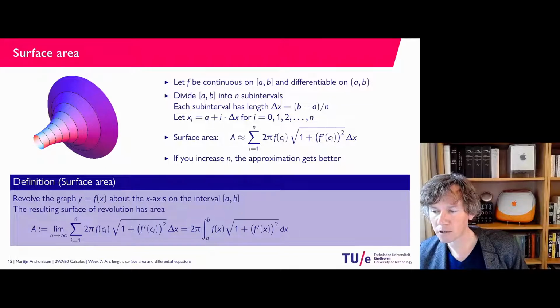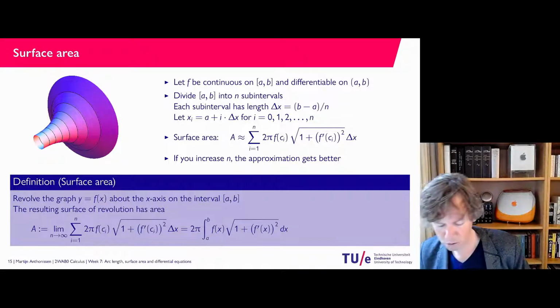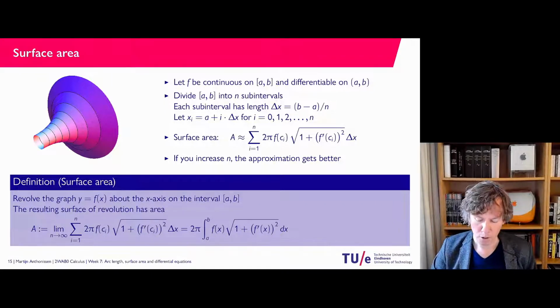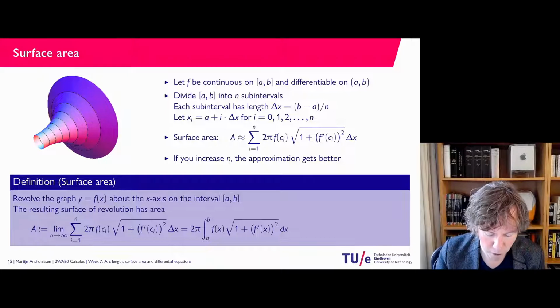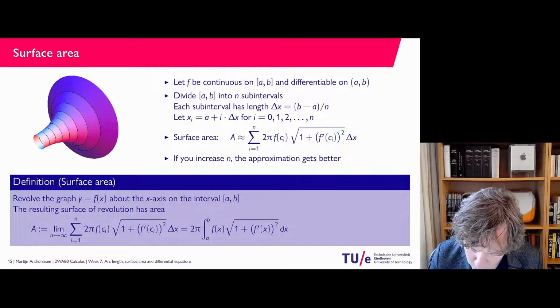And then Sam asks what the f(c_i) means in all these derivations. So the c_i is the c_i from the mean value theorem. In the mean value theorem, we have seen that, let me write that down here.